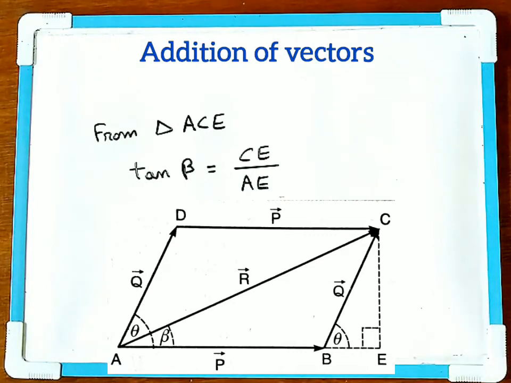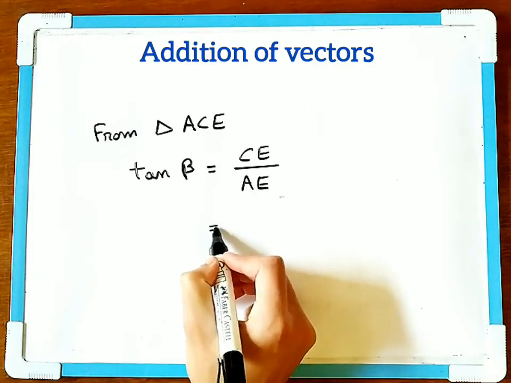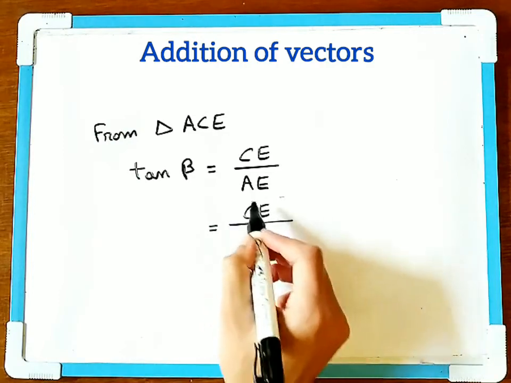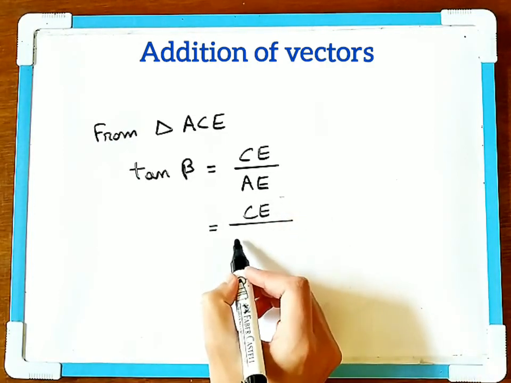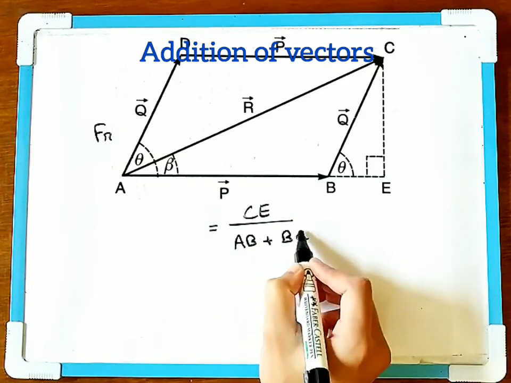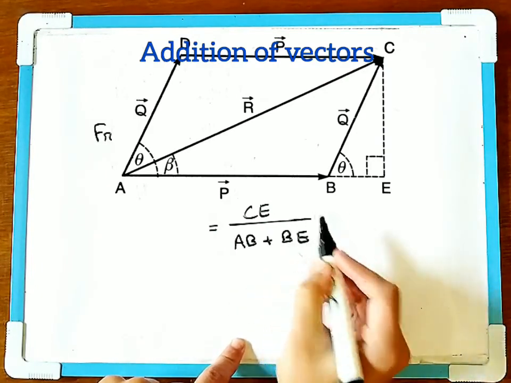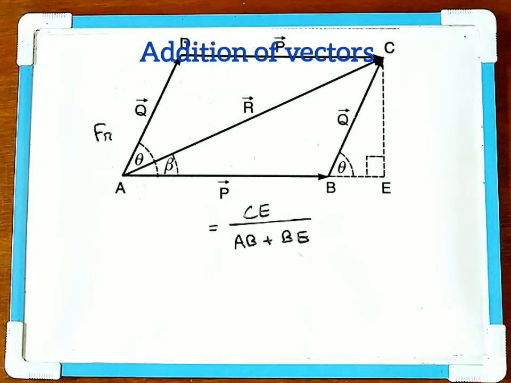Now here CE, we'll have to write in terms of the side BC, and AE also we'll write in terms of the side AB. From the diagram, AE is equal to AB plus BE. Then again, what about CE?